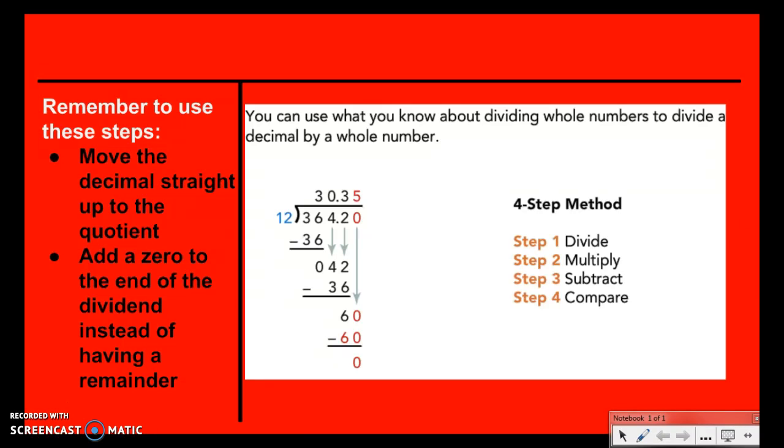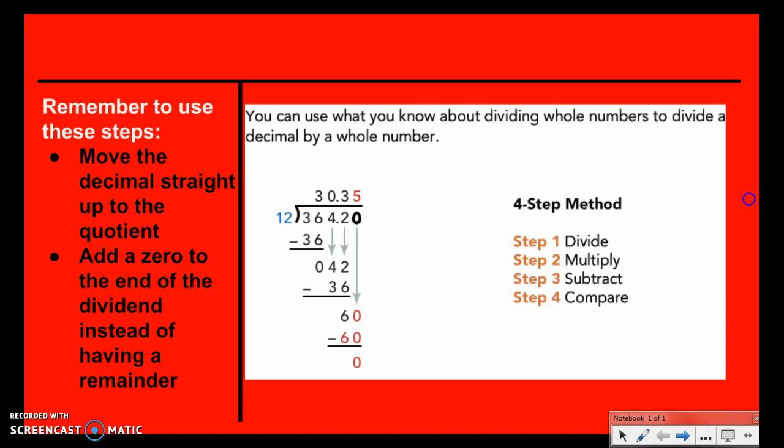Just like I said, you're going to move your decimal point to your quotient, and then add the 0 to the end of the dividend instead of having a remainder. So the dividend is this right here, and here is your 0.